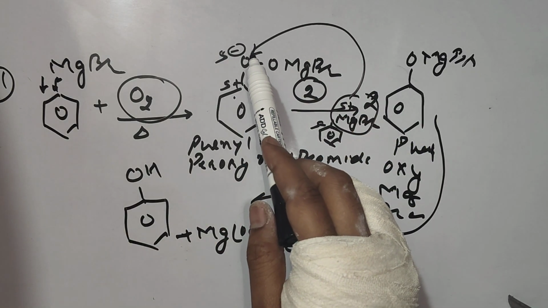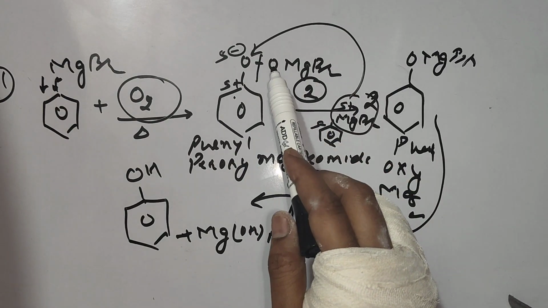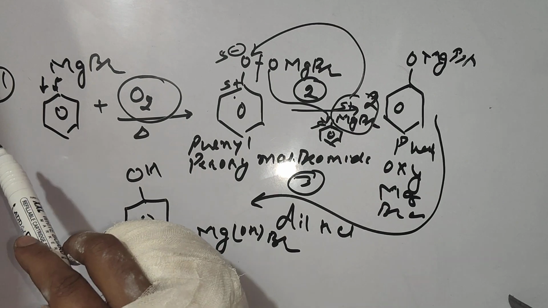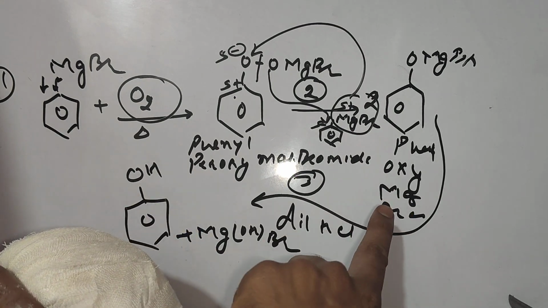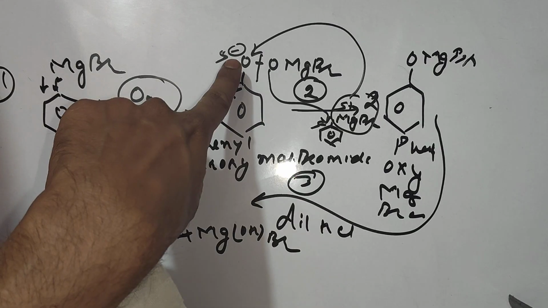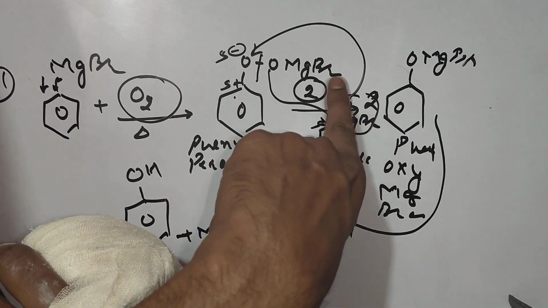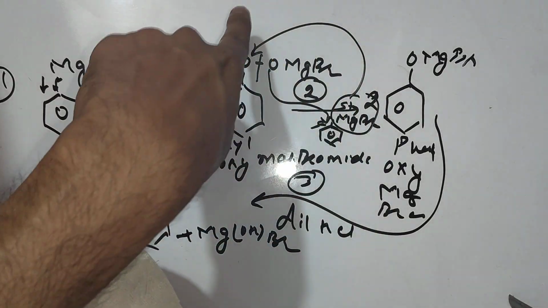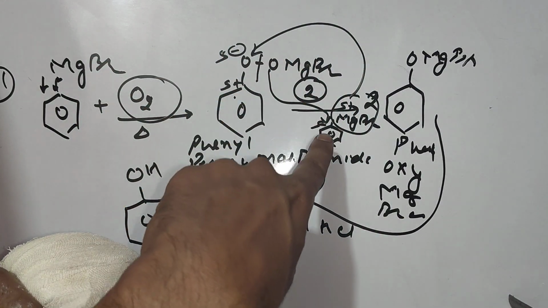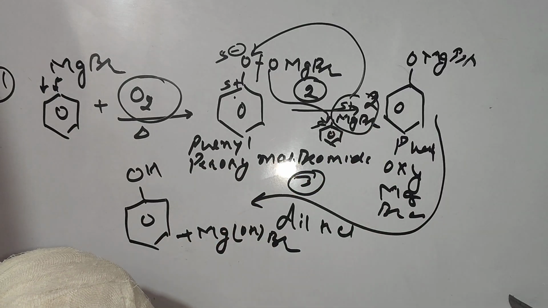Break the bond from here, like this, and this OMgBr you will join with this carbon, like this. So two particles of phenyl oxy magnesium bromide will generate. Simply learn, this is a negative oxygen, and here we have Mg as a positive, MgBr, the full particle. You will attack on this oxygen, you will break the bond from this oxygen, and OMgBr you will join on this carbon. So two particles of phenyl oxy magnesium bromide will generate.